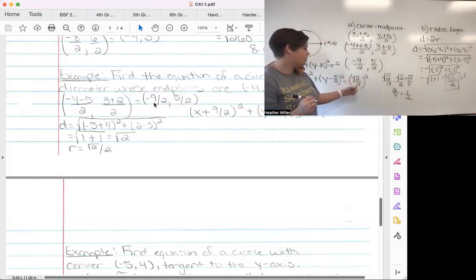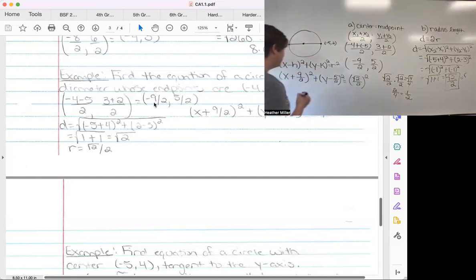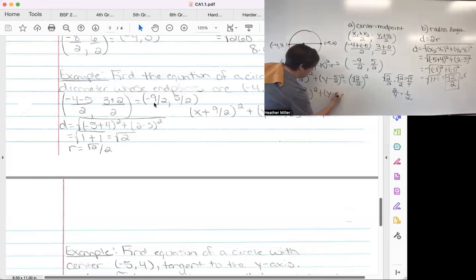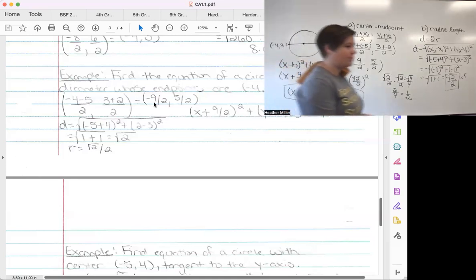So the square root of 2 over 2, quantity squared, is actually the same thing as a half. So that means my final equation for the circle is x plus 9/2 squared plus y minus 5/2 squared equals 1/2. This is the equation of the circle whose diameter has endpoints at -4, 3 and at -5, 2.